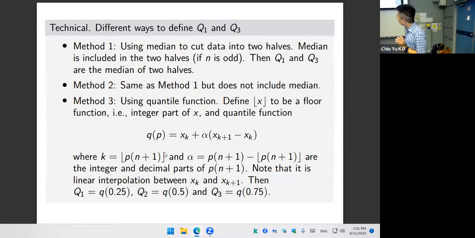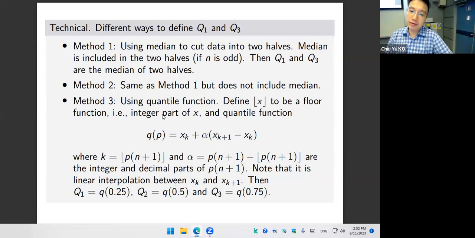There are 3 methods, and if you try to use them in practice, there are many ways. Methods 1 and 3 you can still find, but you can't do it in Excel. That's why I had to teach method 3, because this corresponds to Excel or R or Python.